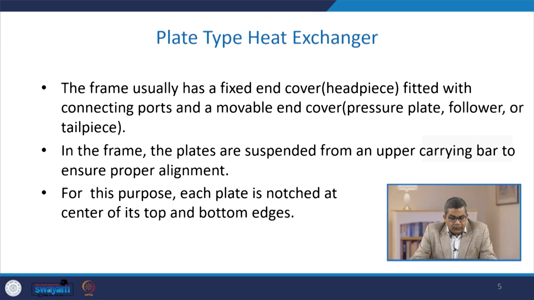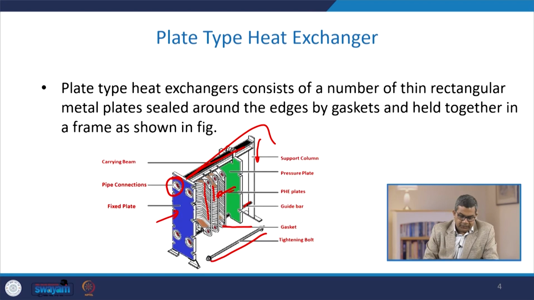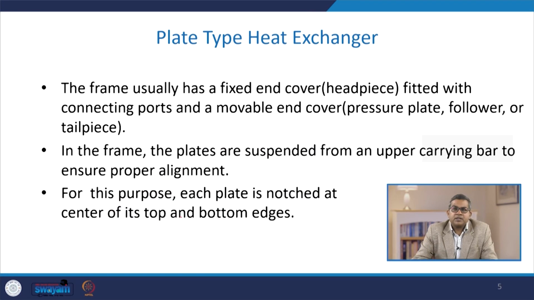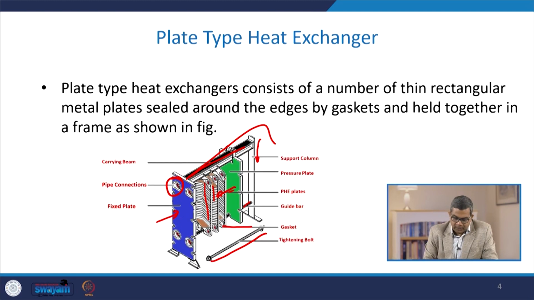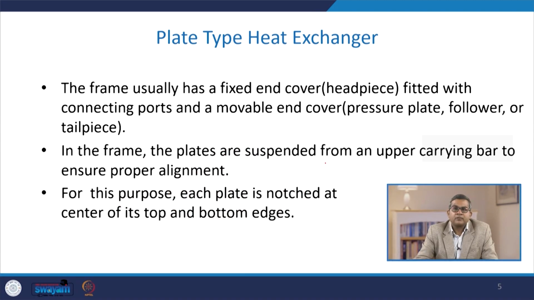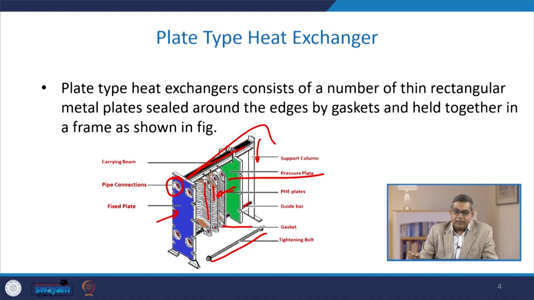Now the frame usually has a fixed end cover like here. The fixed end cover, sometimes referred to as a headpiece, is fitted with the connecting ports, and a movable end cover, sometimes referred to as a pressure plate like this here, follower or sometimes tailpiece, etc. In the frame, the plates are suspended from an upper carrying bar.